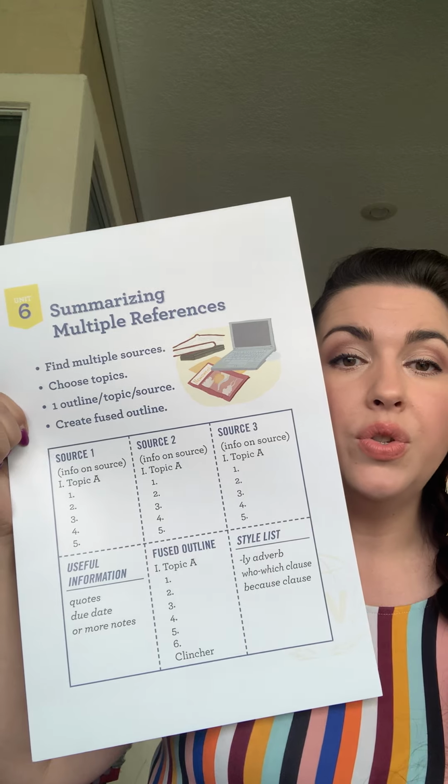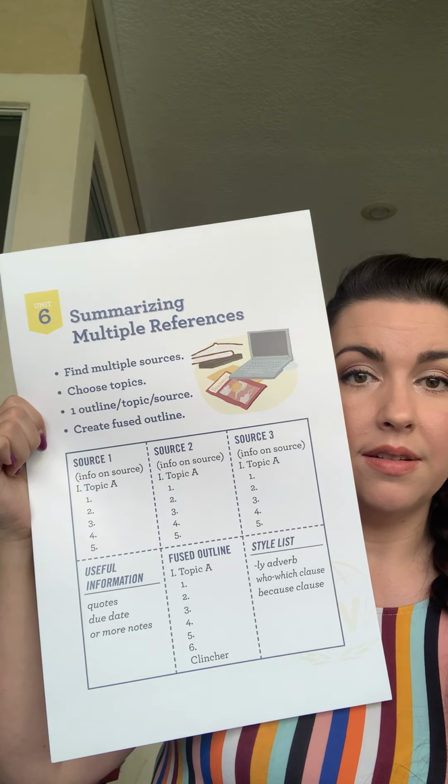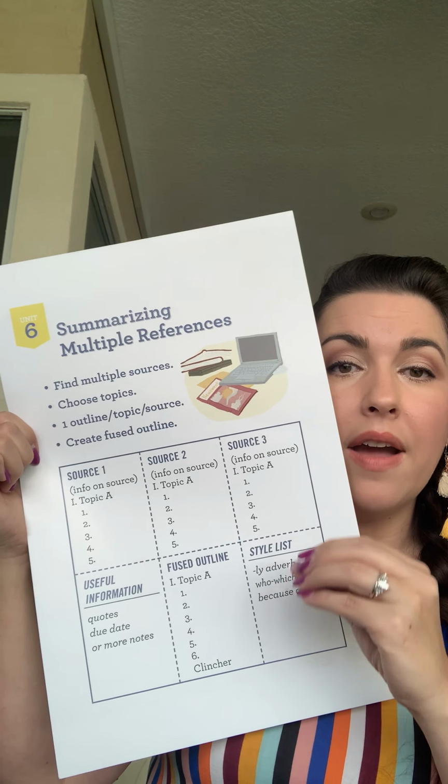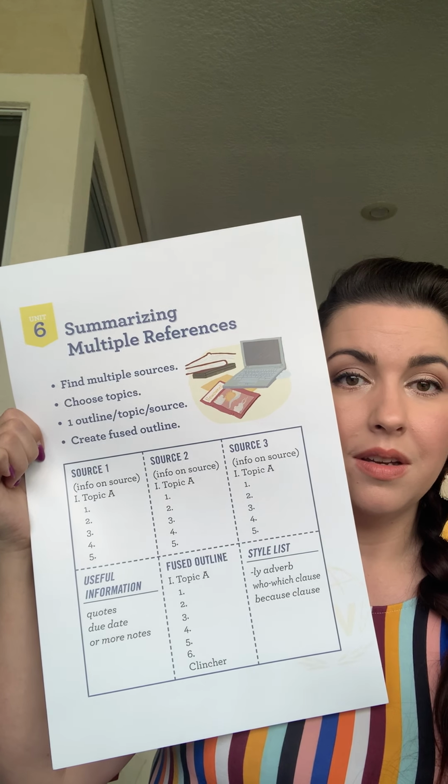Okay? You'll do this same thing for topic B and topic C. You'll look through each of your sources. You're not going to have 3 different sources for each of the 3 topics. Okay?